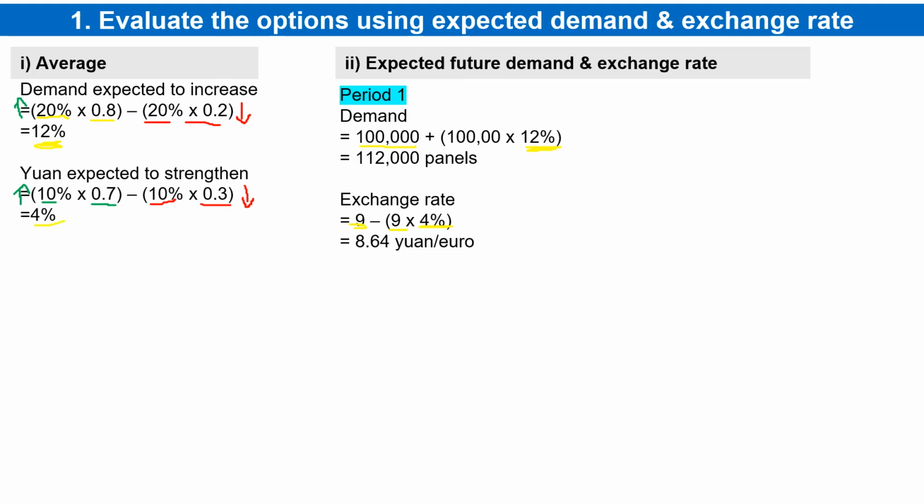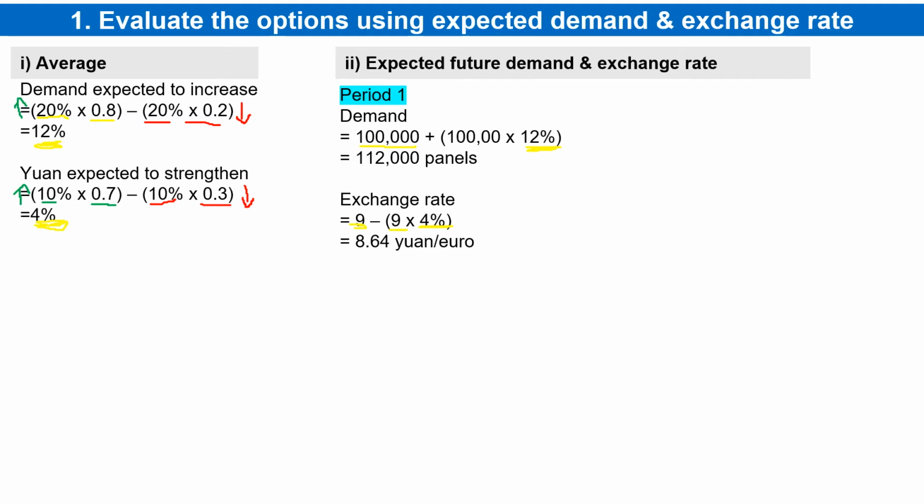It is minus because it is expected to strengthen: 1 euro equals 9 yuan, and it will become stronger with 1 euro equal to a number lower than 9. So it is 9 minus 9 times 4%, and we get 8.64 yuan per euro.